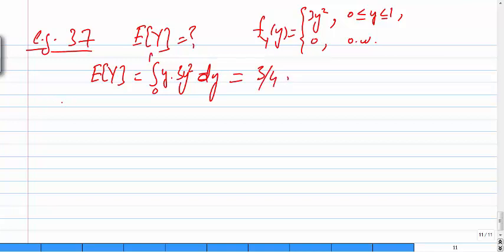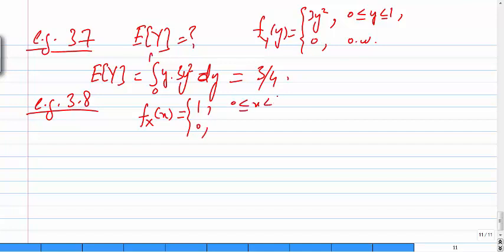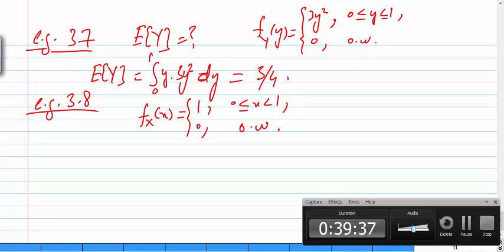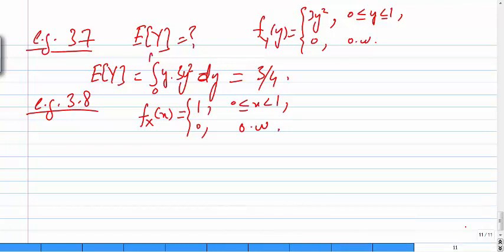Now similarly, another example, 3.8. The main idea is, if you know how to solve integration, you can easily find the expected value. Let X be a uniform random variable with the PDF given to us, which is 1 between 0 and 1, and 0 otherwise.